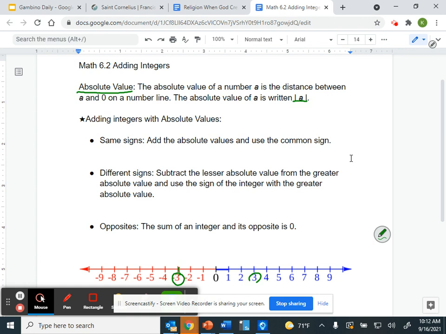They are both 3 spots away from 0: 1, 2, 3. 1, 2, 3. So their absolute value is just how far away from 0 it is. It doesn't matter if it's positive or negative. You're counting how many steps it takes to get to 0.